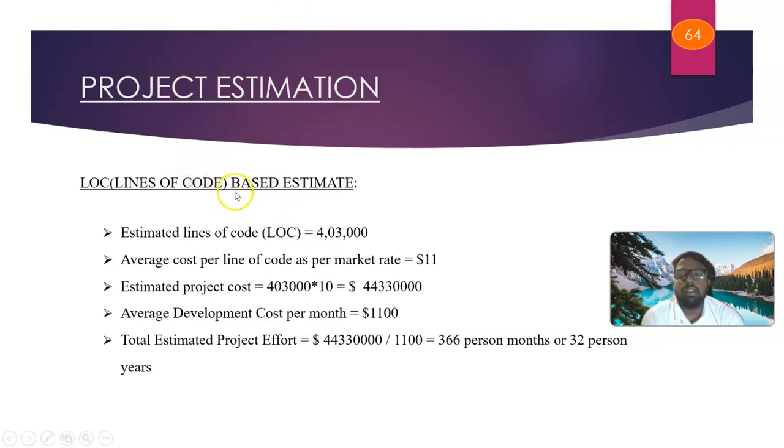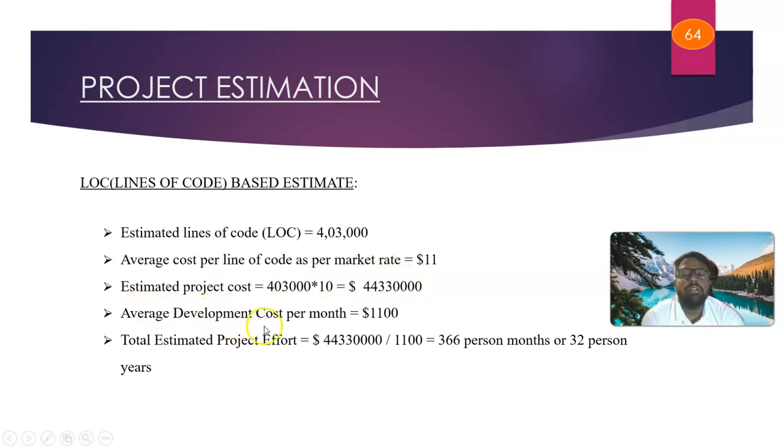And coming to the project estimation based on lines of code. The estimated lines of code for our human resource management system is around 403,000. The average cost per line of code is around $3, and it is going to take around $44 million and $33,000 for making our system.